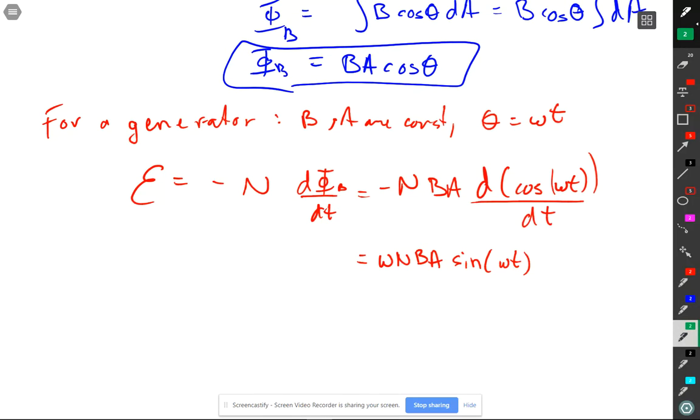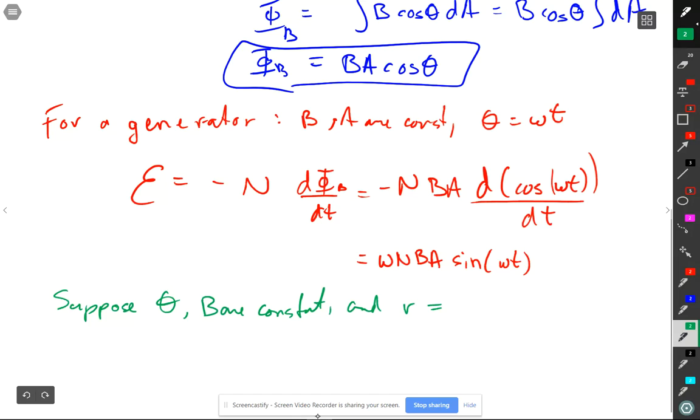Just throw one out. The area. Okay, the area. So let's say that I have, suppose theta and B are constant, and R is equal to, and I'm going to put E plus FT.